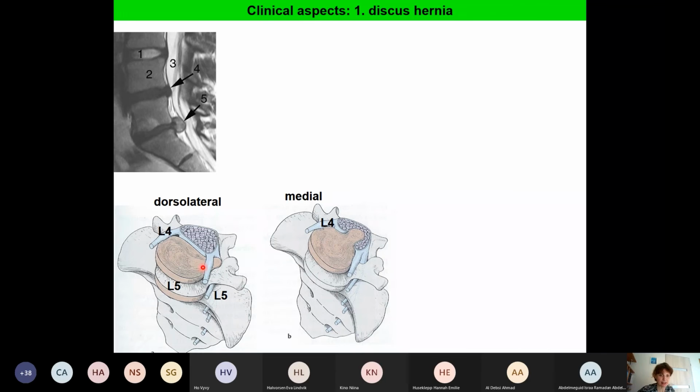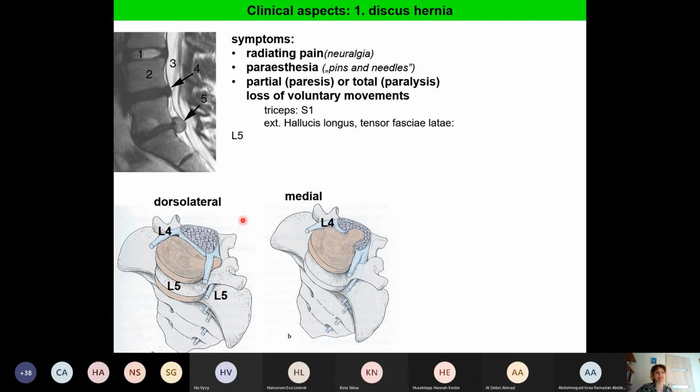It is called dorsolateral herniation, and it's interesting that in this case not the appropriate root is compressed, but the root below, so between L4 and L5, where L4 exits, it is intact, but L5, the nerve L5, will be compressed.